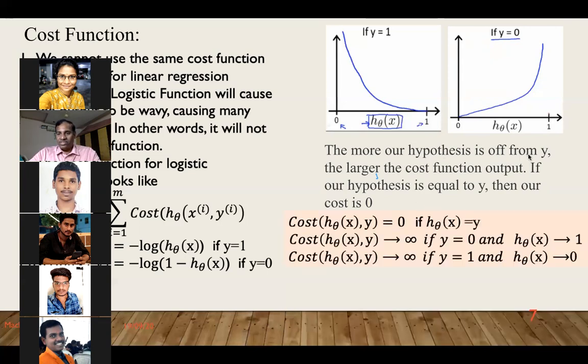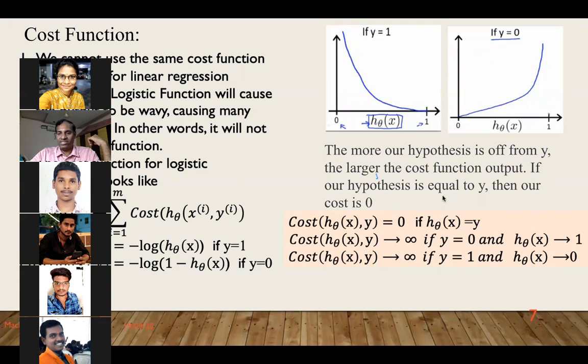The more our hypothesis is off from y, y means here in this case y equal to 1, in this case y equal to 0, for both assumptions are different. So y should be 1, but your prediction is h theta x. Your prediction is close to 1, no cost. Your prediction is 0, then it is very high cost. That is what it is mentioned here. The more our hypothesis is off from y, the larger the cost function output.